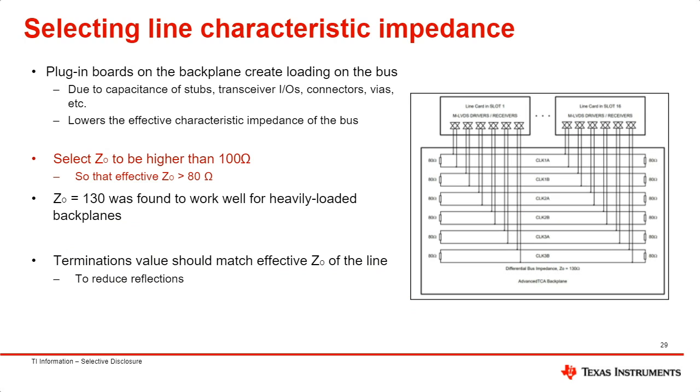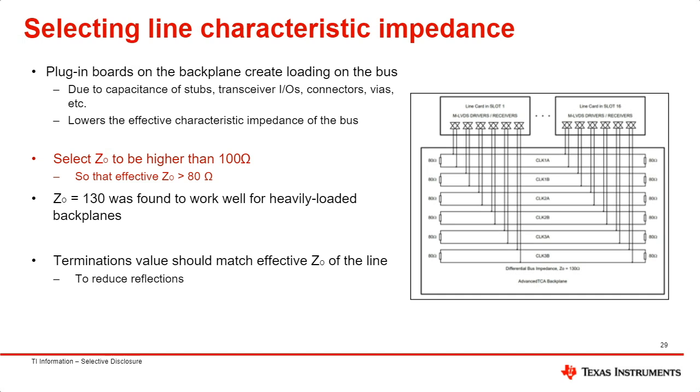Another consideration for MLVDS is selecting the characteristic impedance of your transmission line. Plug-in boards on the backplane can add capacitance from stubs, the different transceivers, connectors, and vias, and essentially will lower the overall effective characteristic impedance of the bus.